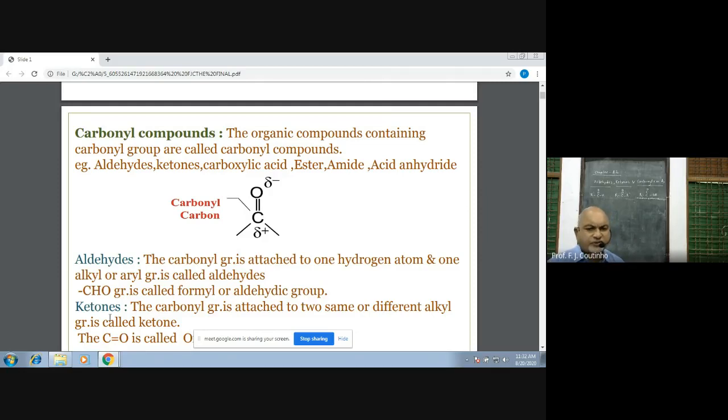Now what is in ketones? The carbonyl group attached to two same or different alkyl groups is called a ketone. Here, C double bond O is called the oxo or carbonyl group. In case of ketones, it will be R, C double bond O, R dash, where R and R dash can be the same or different.